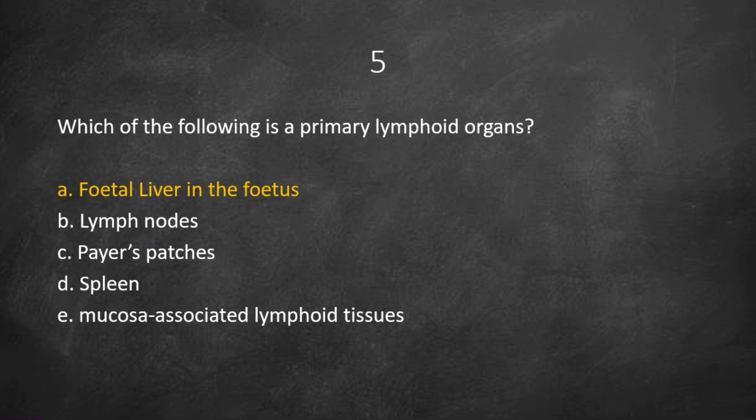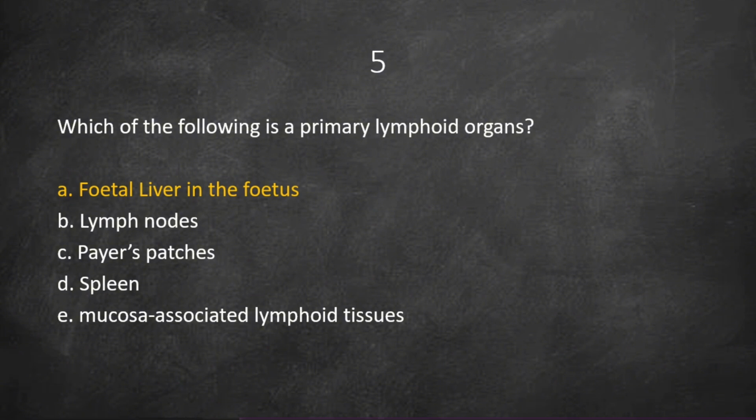If you take the secondary lymphoid organs, it's a place where these lymphocytes are then activated and proliferated for their function. But the initial development of lymphocytes actually happens in the primary lymphoid organs.